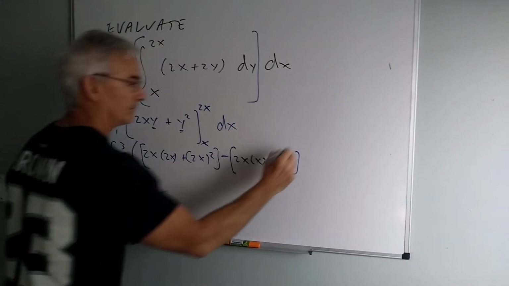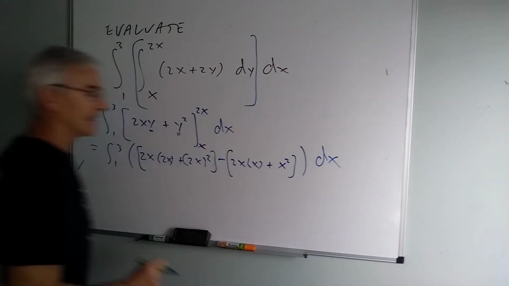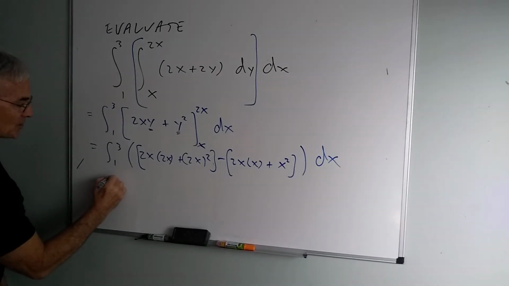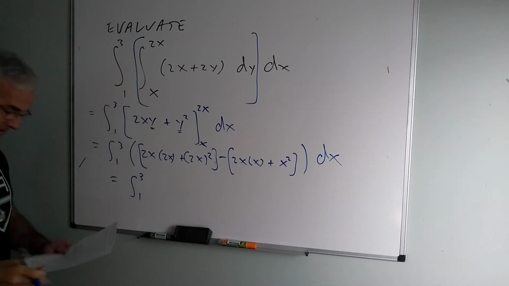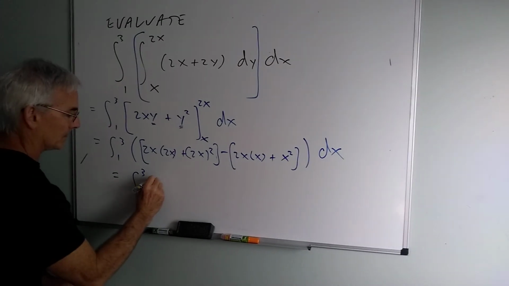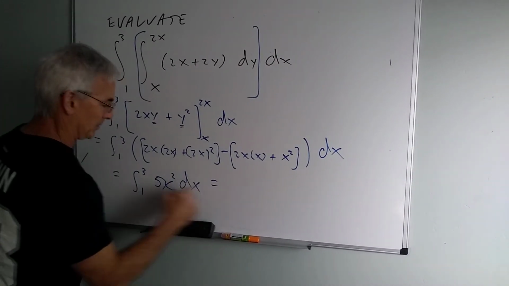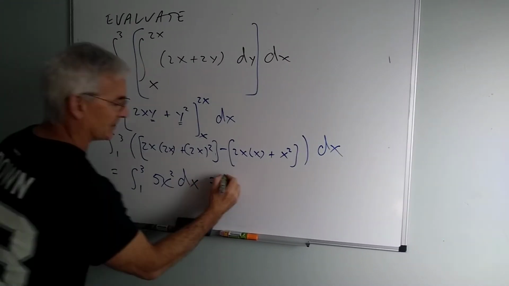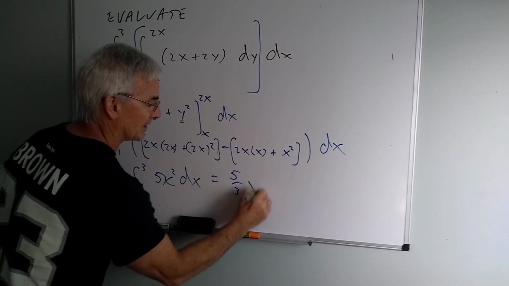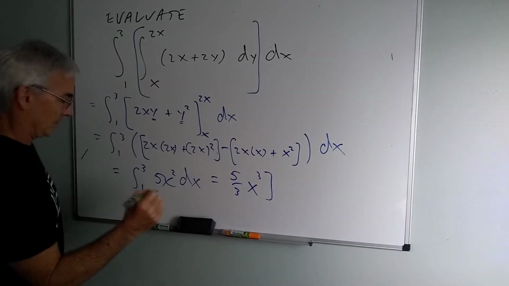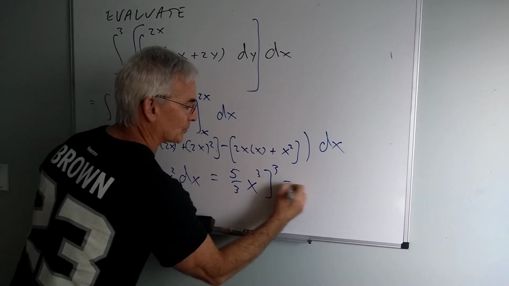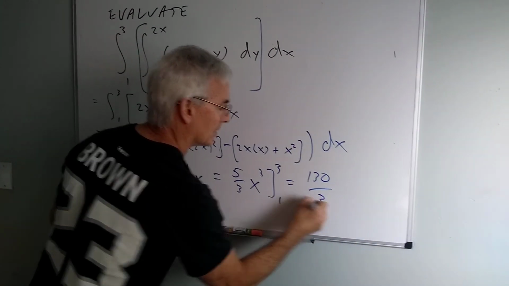That's the second term, all integrated with respect to x. If I simplify this quantity, it will simplify to 5x squared dx, and the rest of the problem is simple. This is just a Calc 1 integration now. So I'd have 5/3 x cubed from 1 to 3, which would be 130 thirds.